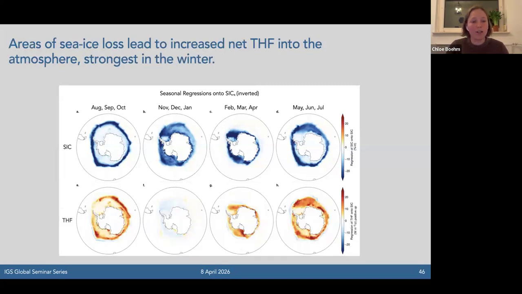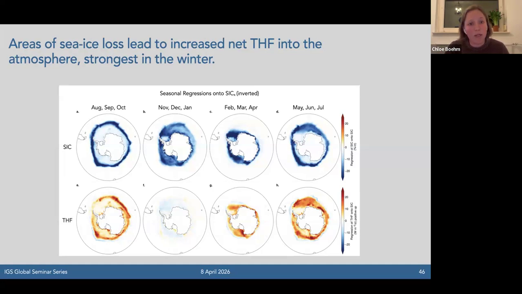Now you can regress turbulent heat fluxes onto sea ice as we've done before, but this time broken up by season. And now you see that there's quite a widespread increase in turbulent heat flux, but that mainly occurs during the winter, with a much smaller, almost negligible response in the summer at times.